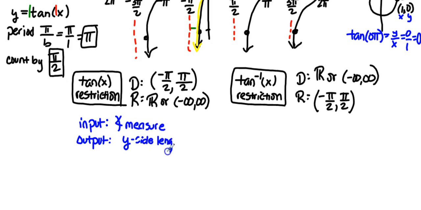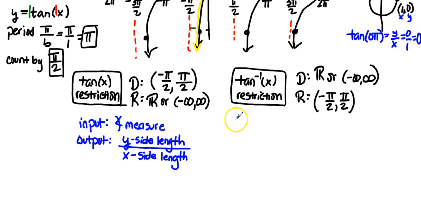So this actually might be good to write down because it's not exactly like what we discussed, because tangent is a little bit different here, right? The output is the ratio of the y side length to the x side length.